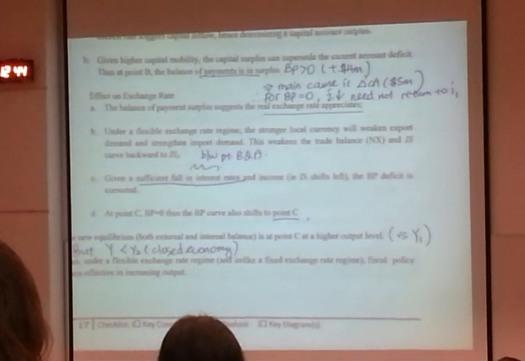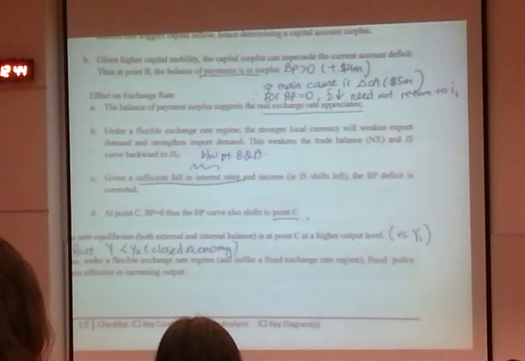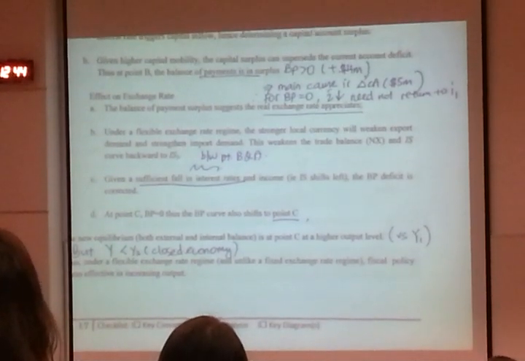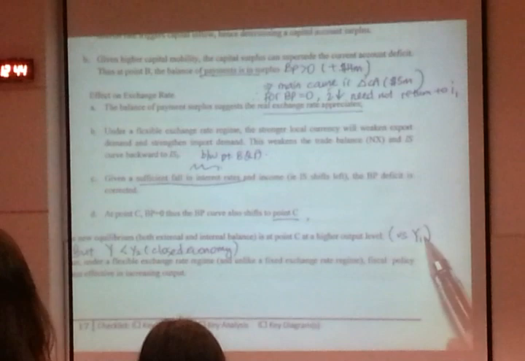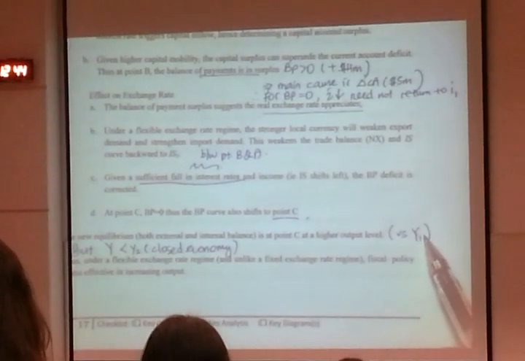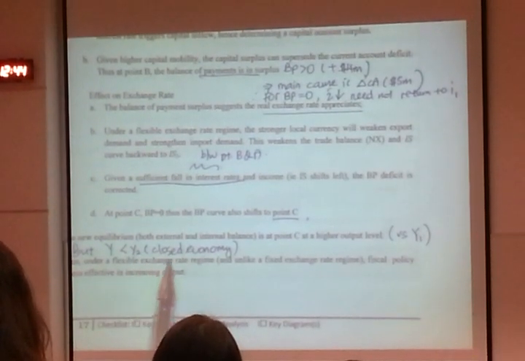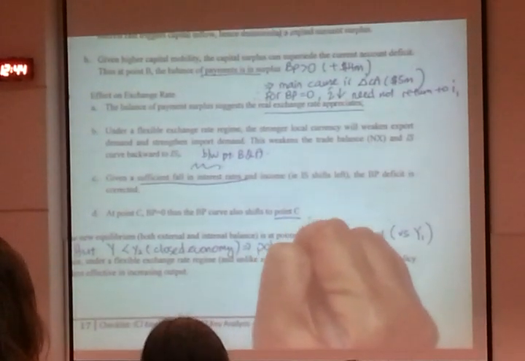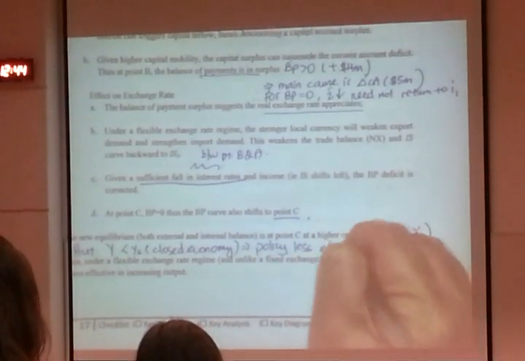So when we want to say whether policy works or not, there are different angles. If you just want to say output increases, definitely the policy works. But if you want to compare with closed economy, then you can see the policy in this case is less effective.